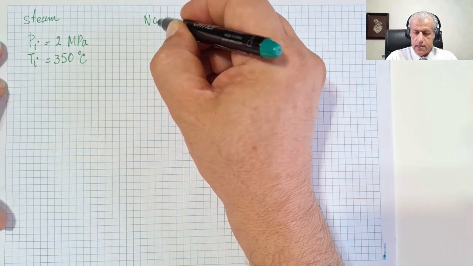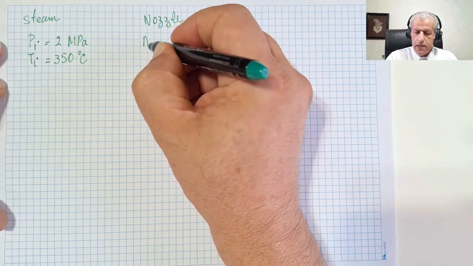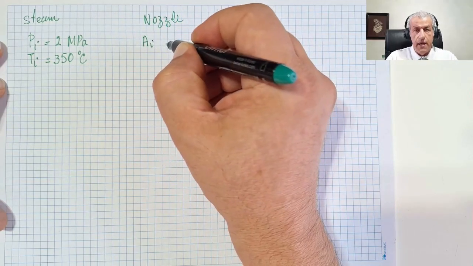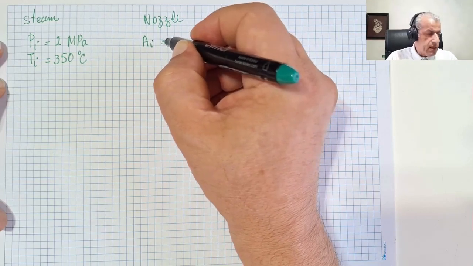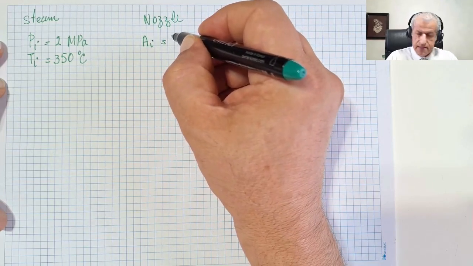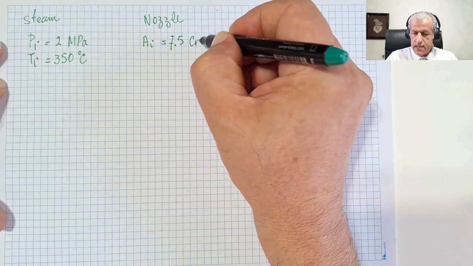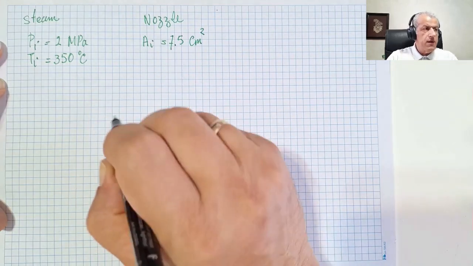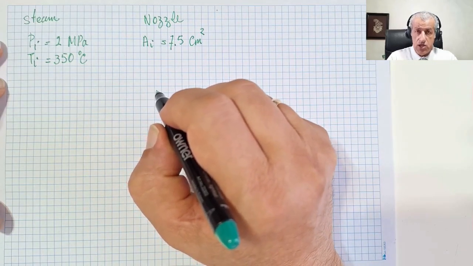So it is a nozzle, and AI, the initial area or the entrance area for the nozzle, is 7.5 square centimeters. So this is our nozzle, and our nozzle is expected to change velocity.